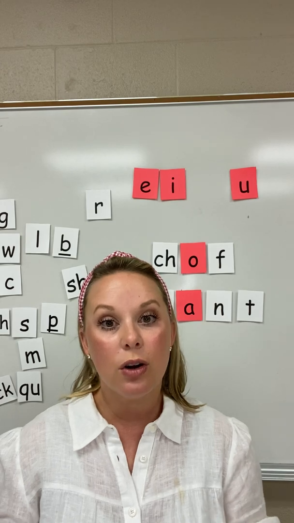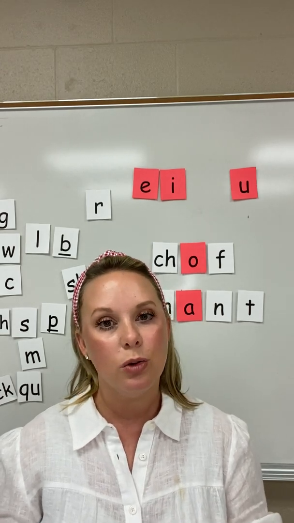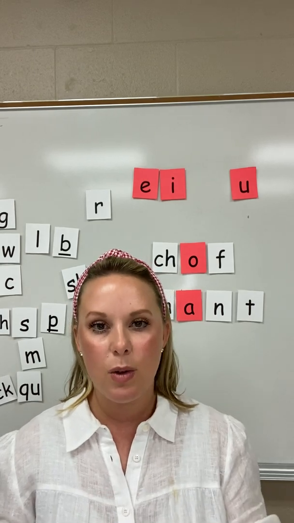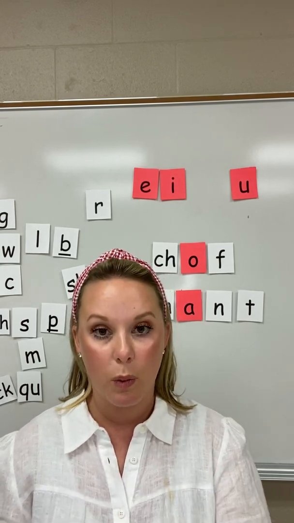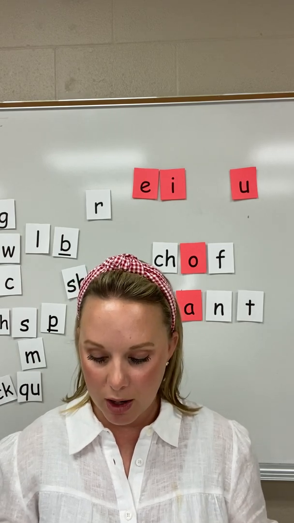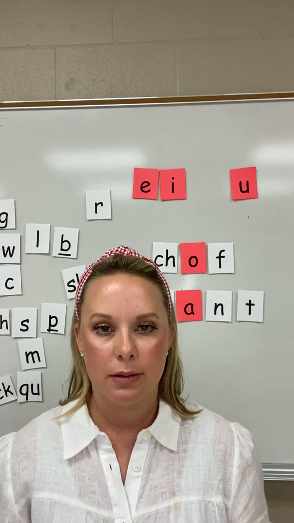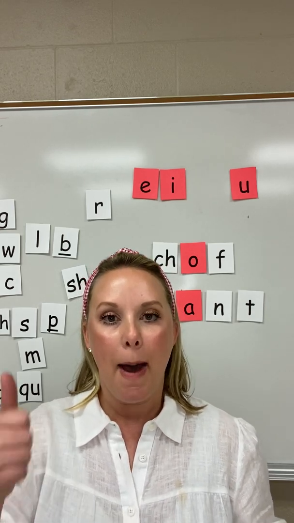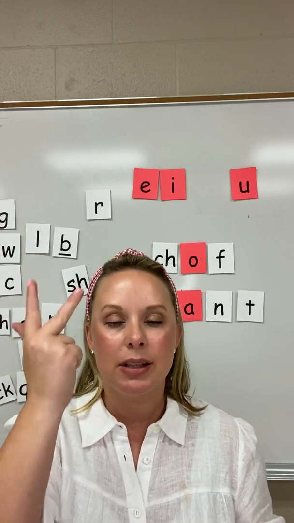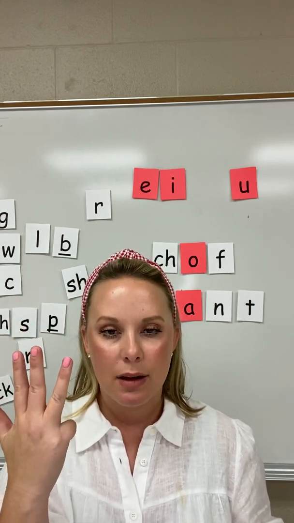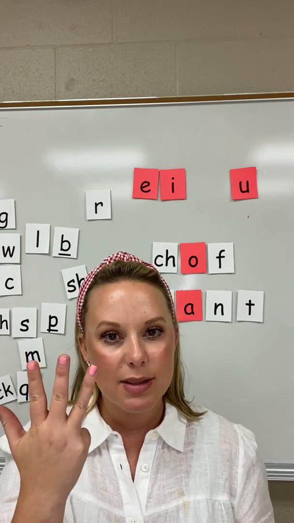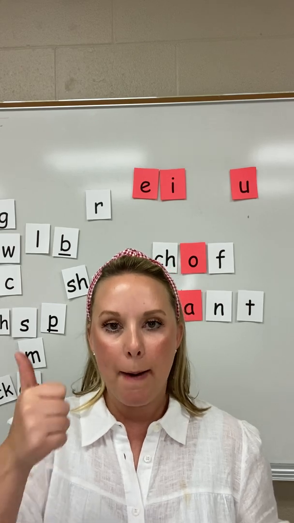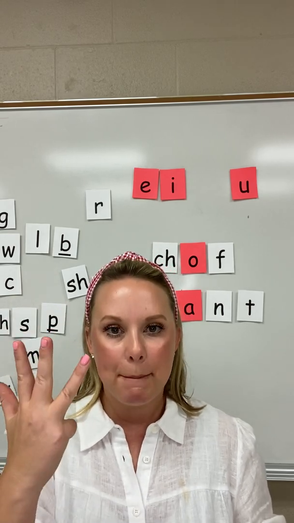Now this time, you're going to use your letter tiles to build words on your own. I will say the word, segment the sounds with you, and then you will use your letter tiles to build the word in front of you. Your first word is bisp. Think about your sounds. B, I, S, P. Bisp. Now you need to make sure you have 4 tiles because you have 4 individual sounds. Build that word now.